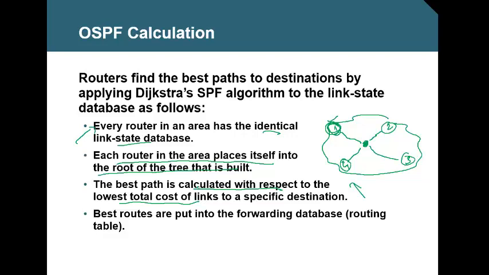There may be many paths, many links. What is the total cost via, say for example, if I'm going from here to Paris, what is the total cost if I go via Dubai? What is the total cost if I go via Addis Ababa? Addis Ababa is in Ethiopia.